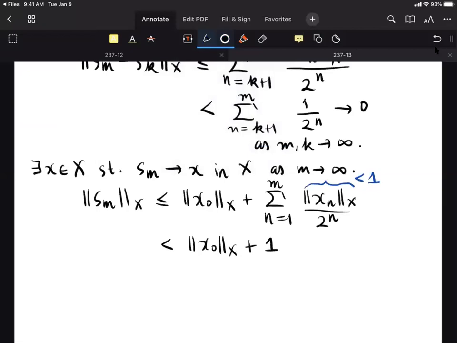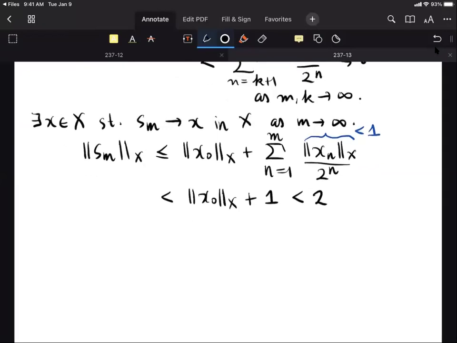Take note that the sum is 1. This is, of course, less than 2, since x naught also has norm less than 1.